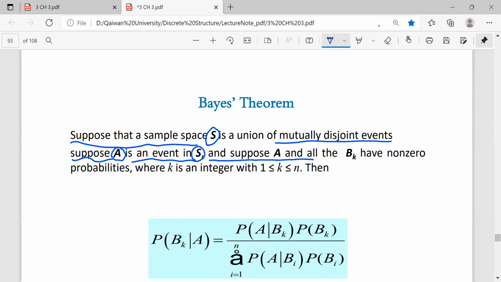And suppose A and all the B_k have non-zero probabilities, where k is an integer between 1 and n.